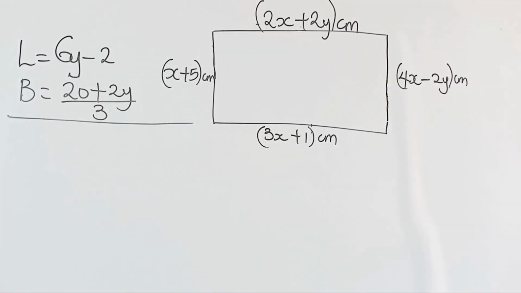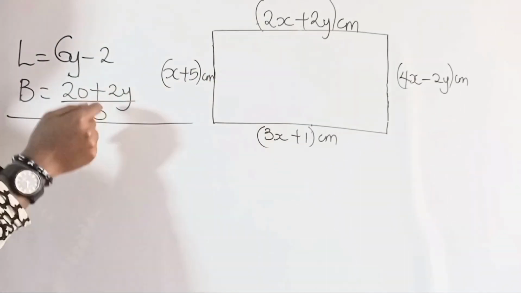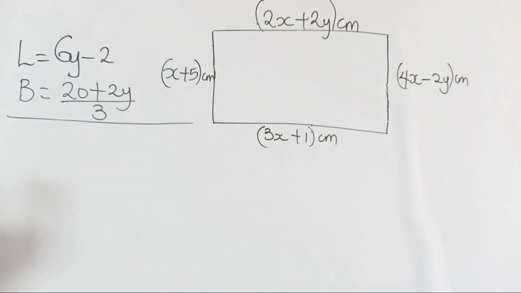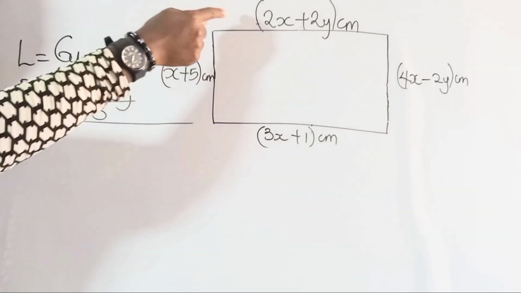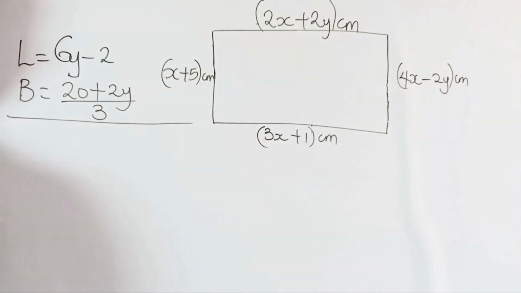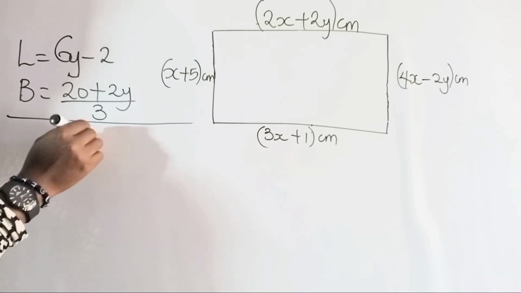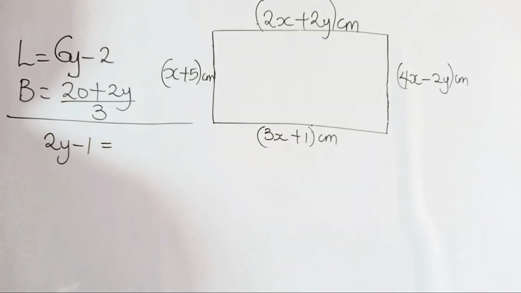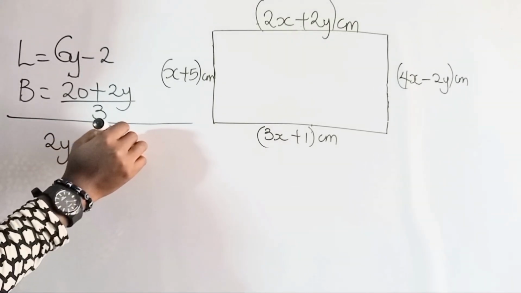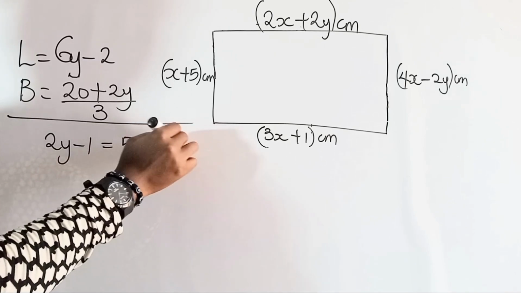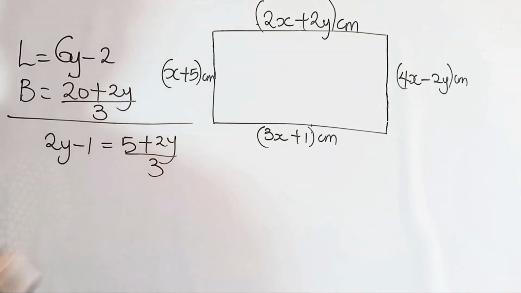Now that we have established that the lengths are equal and the breadths are equal, we are now going to find the value of y using the values of x that we found in the length and the breadth. We are going to equate them together. We have 2y minus 1 for the length, and for the breadth, we have (5 plus 2y) all over 3.